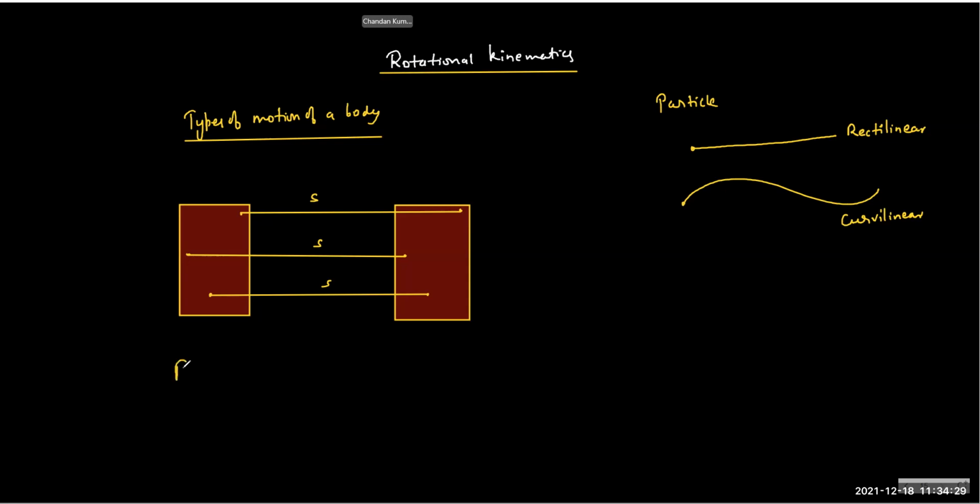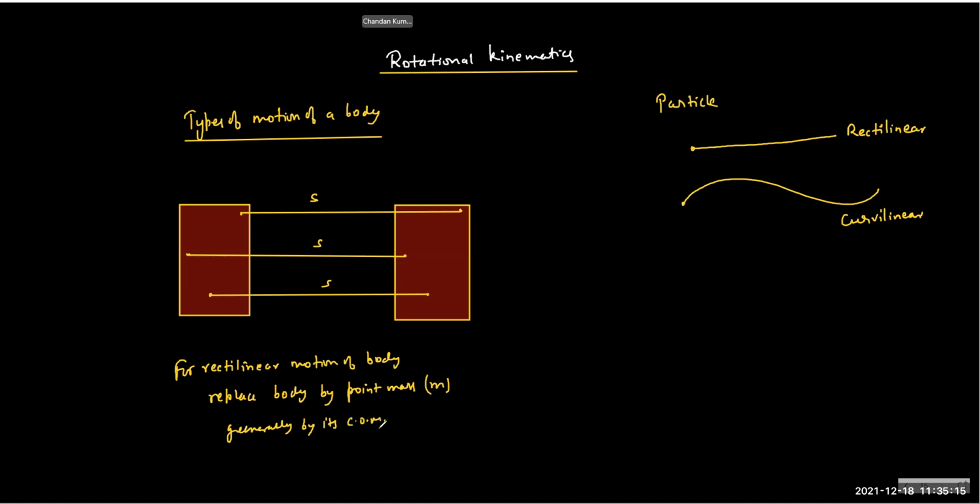So for rectilinear motion of a body, replace the body by a point mass, generally by its center of mass.